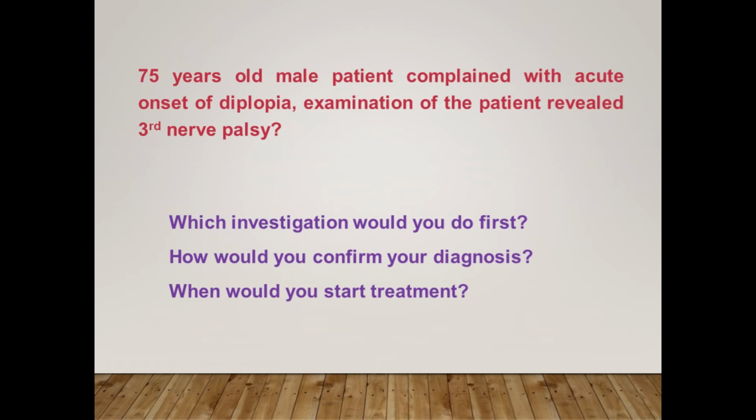And then to confirm my diagnosis, I will do a temporal artery biopsy. And I will start treatment at once. Don't wait for the results of investigation, to prevent any affection of the fellow eye.